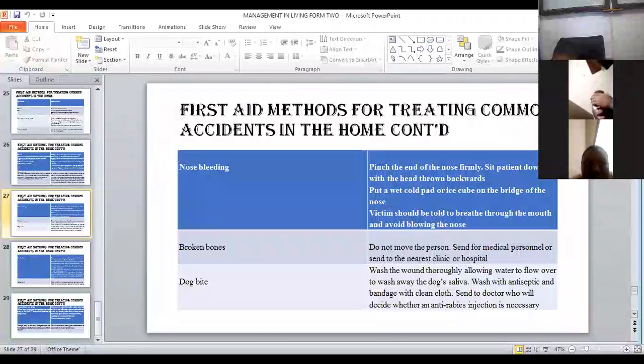So as a first aider, all you need to do is ensure that you have washed the dog's saliva away using an antiseptic, either Camel, Dettol, or any antiseptic at all. Then you bandage it and send the person to the doctor. It is the doctor who will examine and know whether that person needs an anti-rabies injection.